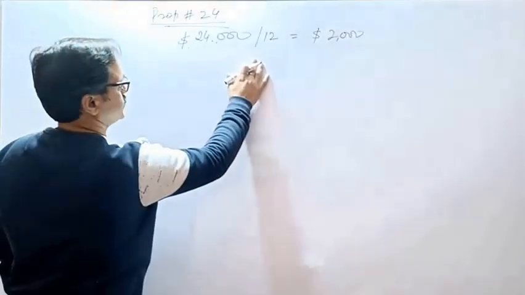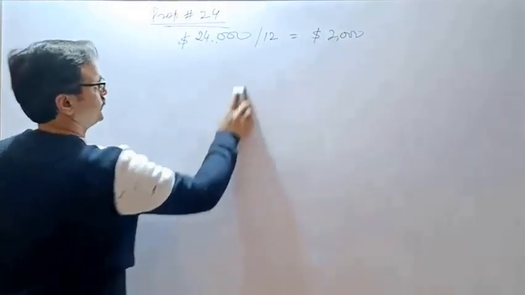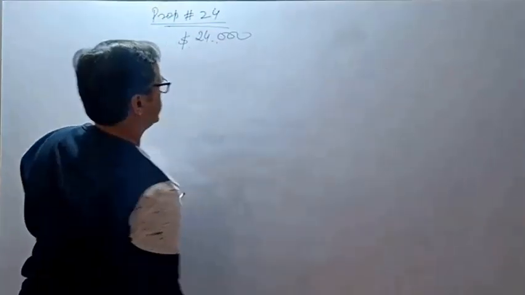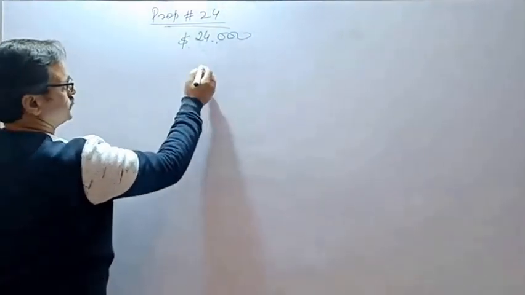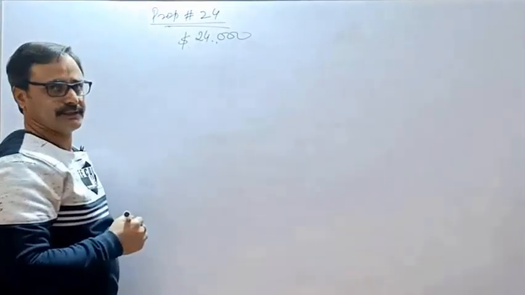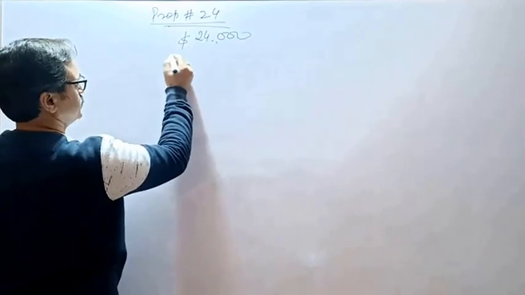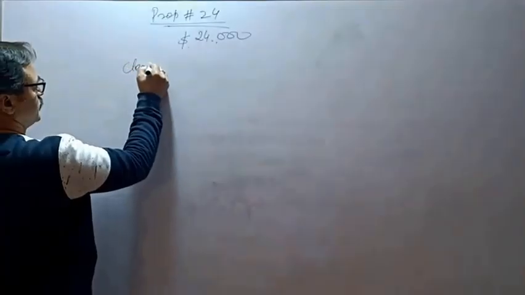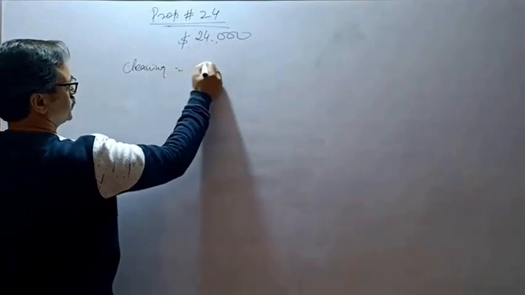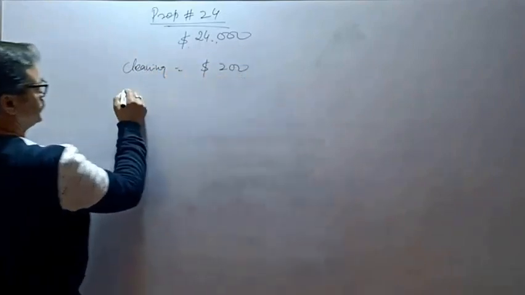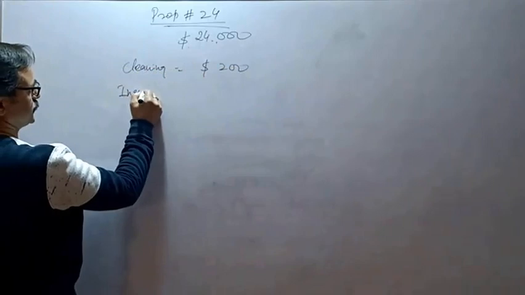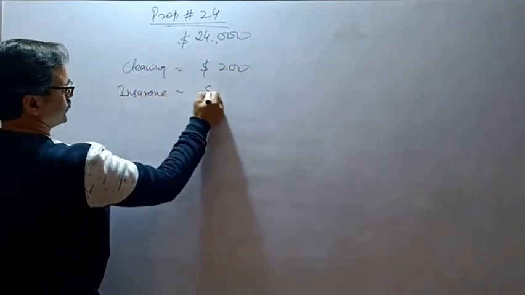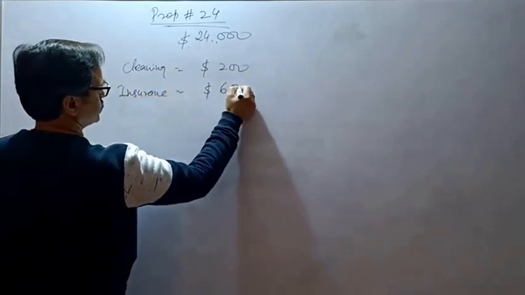Total income they received was 24,000 in the previous year. Then we are going to deduct expenses. So maybe they spent on cleaning, that we saw, dollar 200. Then property insurance was dollar 600.